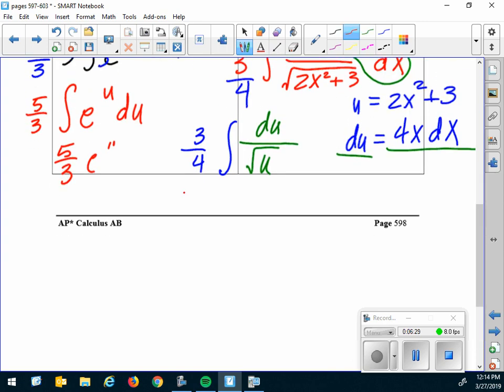Now, I'm going to write this like so. I can integrate that. How do I integrate that?